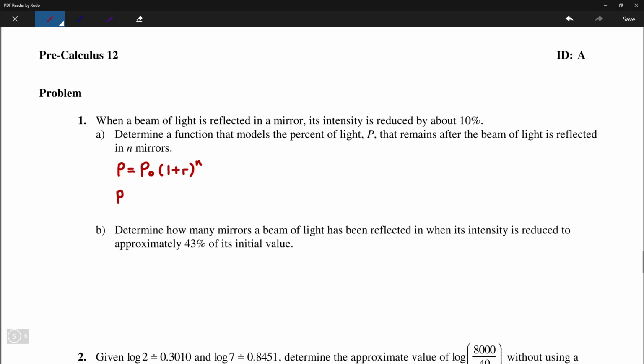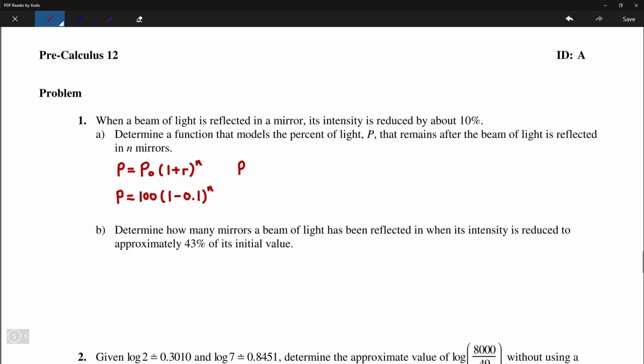So P is the percentage. P naught is the initial percentage, which is going to be 100%. 1 is the 100% that we start with. And here we're going to lose 10% of light, so we're going to subtract 0.1. And n is the number of mirrors.